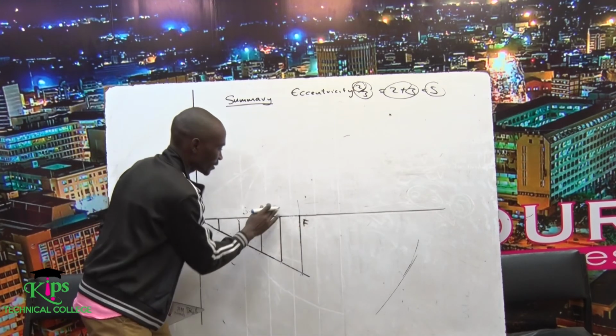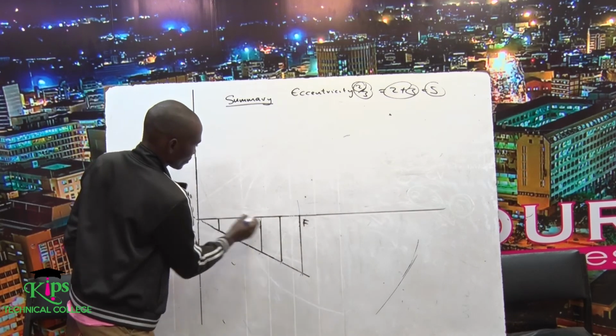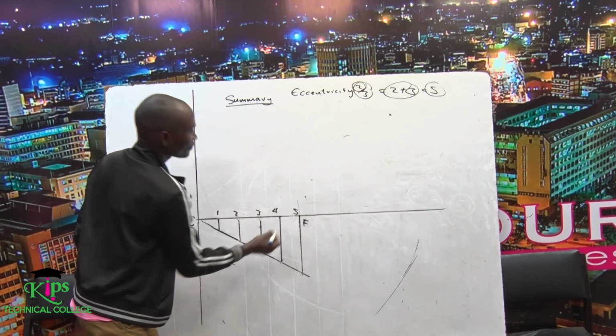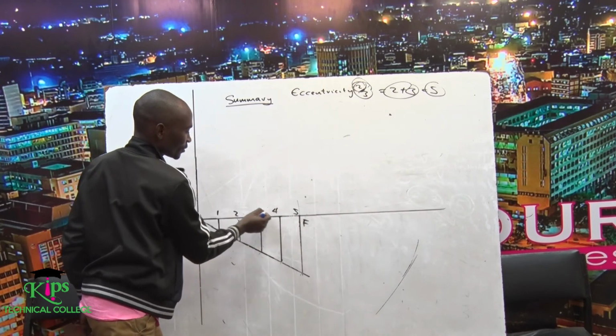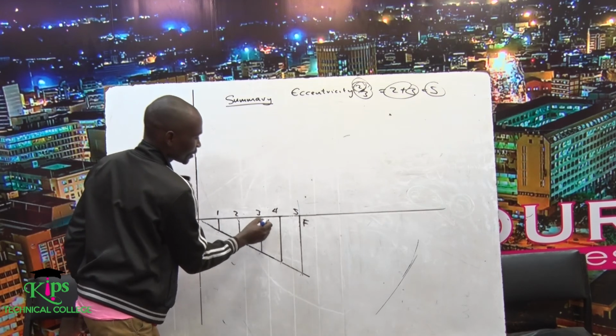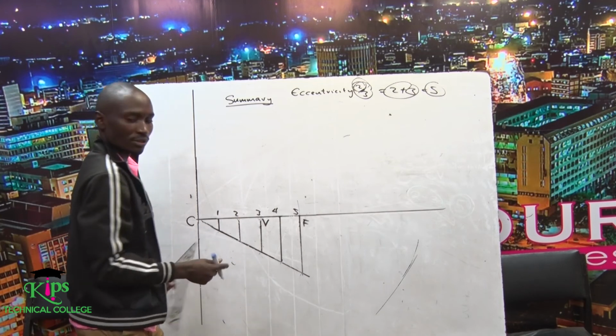This is the focal length. We said we should count the eccentricity from this side, so we have 1, 2, 3, 4, 5. So we have 2 sections from this side, 1, 2. This is where you have your V. Then we have 3, so we have 1, 2, 3. So it is very okay.